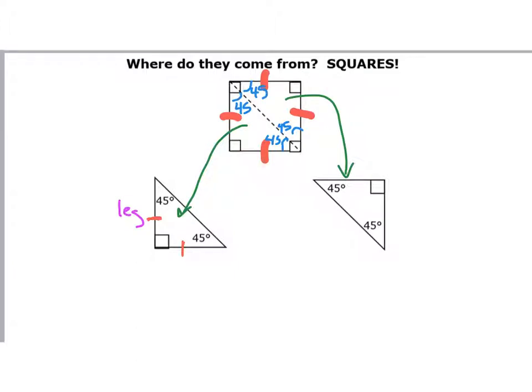That means instead of having a short leg and a long leg, these just have two congruent legs. They're the same length. Leg and leg. So we don't have to identify them as short and long, we just call them legs because they're the same length. And then you still have your hypotenuse right here.